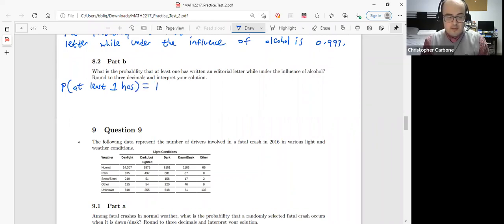So that's the same thing as 1 minus the probability that none of them have written the editorial letter, or that all 6 of them did not write it. So 1 minus, the complement to 44% is 56%. So 0.56 to the 6th power. Typing that into a calculator, 0.997.